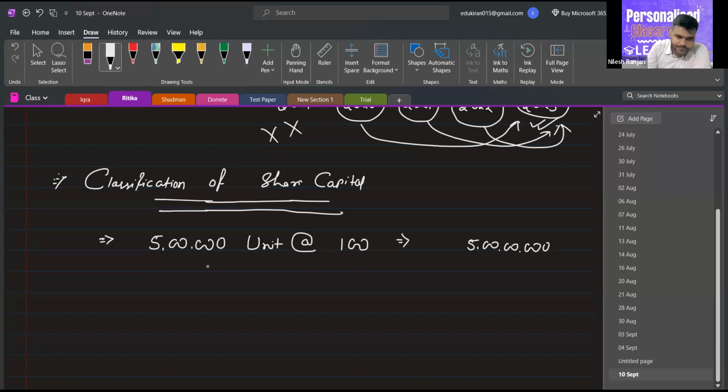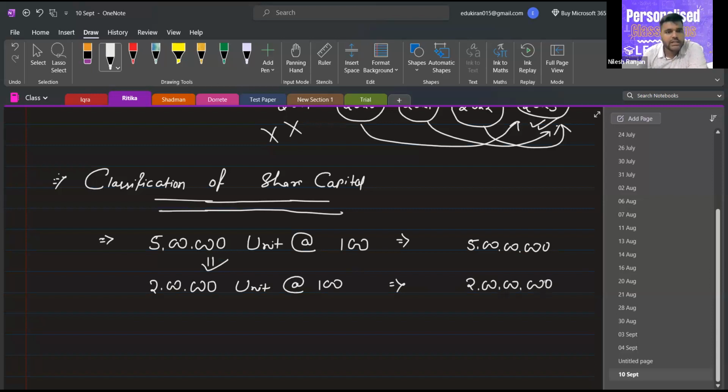So let's say they bring 2 lakh units into their showroom. Okay. So now we can say that the total product value that is brought into the store is 2 crores. Yes, sir.